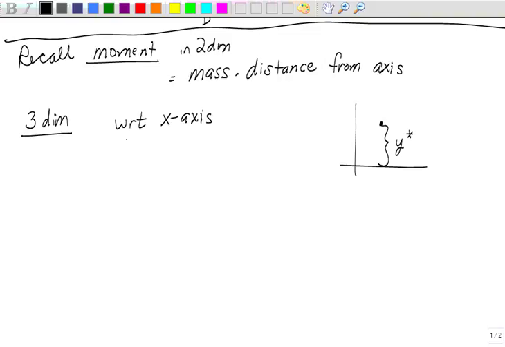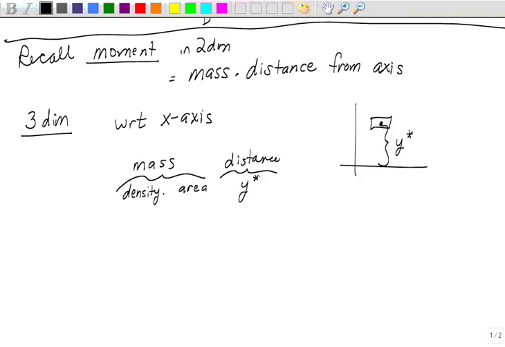Okay, so we have the mass, which is the density times the area. And again, we're taking little rectangles, and then the distance from the x-axis is y star. So this changes to this formula.